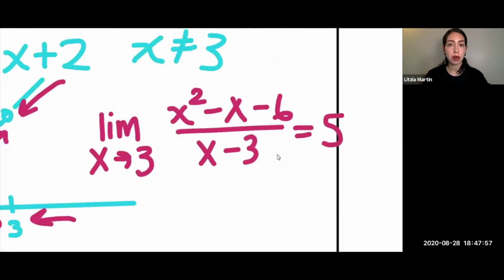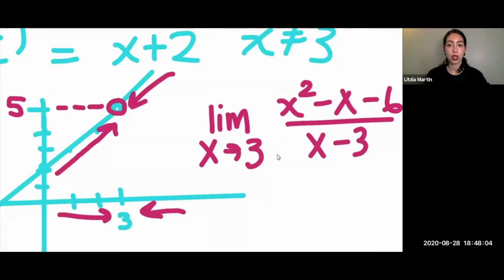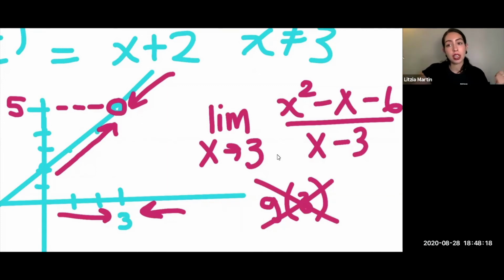So in this example, we see what we were talking about earlier. We actually have a hole there. So if this is a function g, g of 3 actually doesn't exist, right? It's undefined. So our limit still exists because we can see that all the points near x equal to 3 are all leading up to 5.